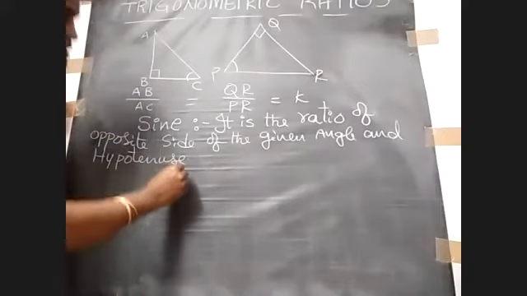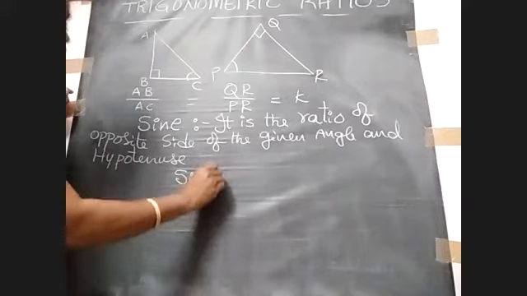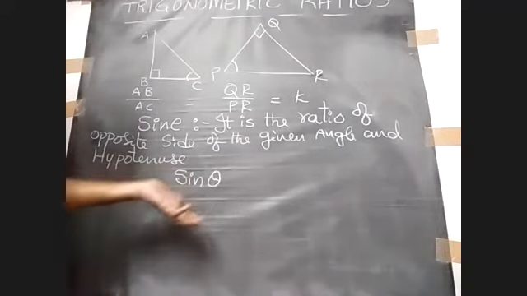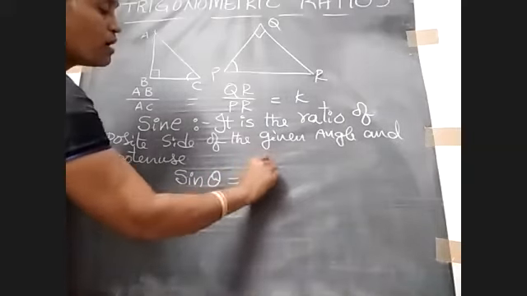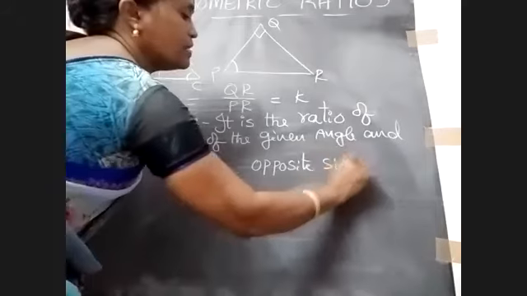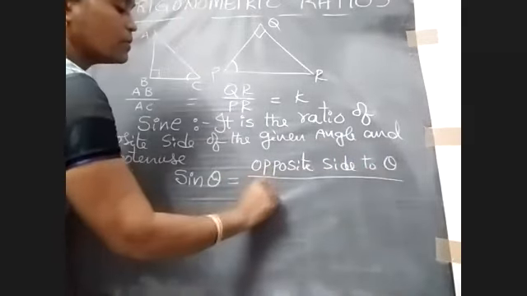So we can write it as sine theta. Theta is nothing but an angle. It is the Greek letter to indicate an angle. So sine theta is equal to opposite side to theta divided by hypotenuse.